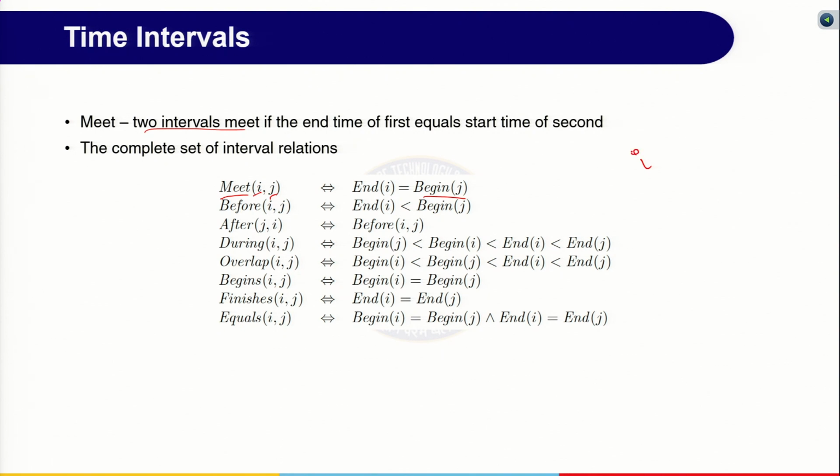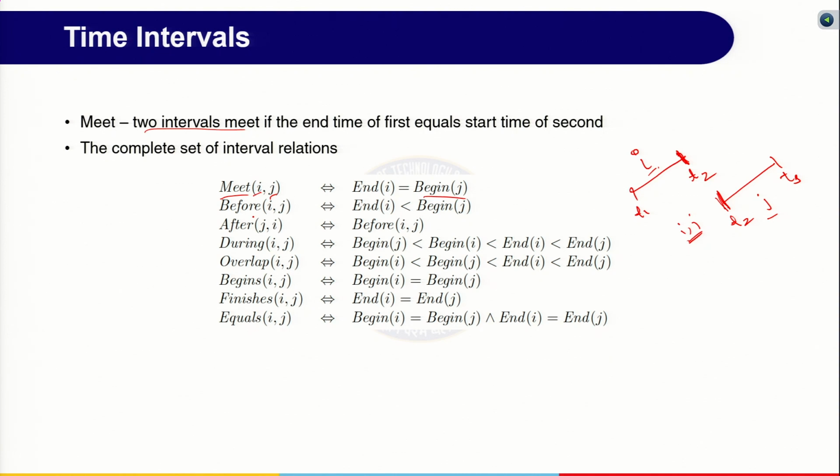That means, let's say i has an interval t1 to t2 and j has an interval t2 to t3. So as soon as i has finished, j has immediately started. That means these two intervals follow the relation meet: i meets j.